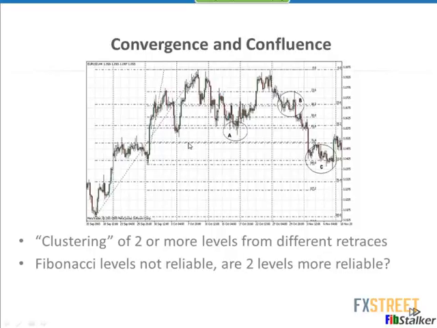But the problem is that I believe there are three main problems with this concept of confluence and convergence. First of all, if the single levels are not reliable, how can two levels be more reliable than the single level? So this concept really does not hold logically.